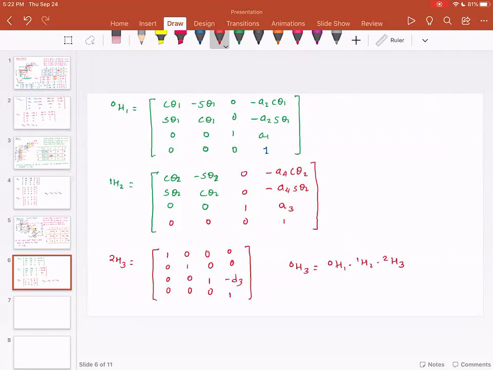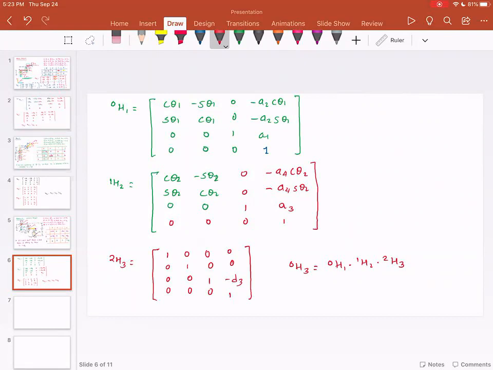Okay, all right, so everyone understood the homogeneous transformation technique using DH parameter? How many of you are still in favor of the DH parameter technique? Going once, going twice?